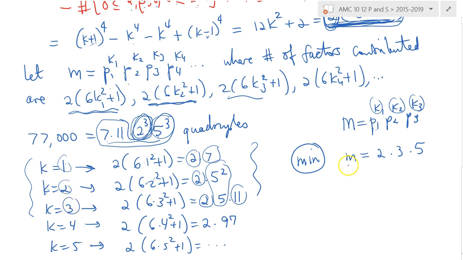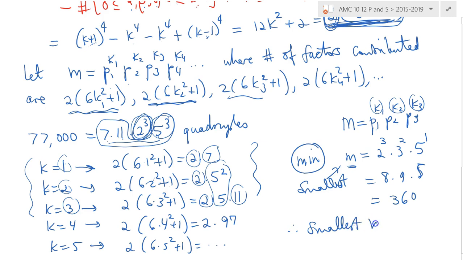But because I want to minimize this number, instead of putting them 1, 2, 3, I prefer to put them 3, 2, 1, and that's it. So 8 times 9 times 5: 8 times 5 is 40, 40 times 9 is 360. So this is the smallest m.